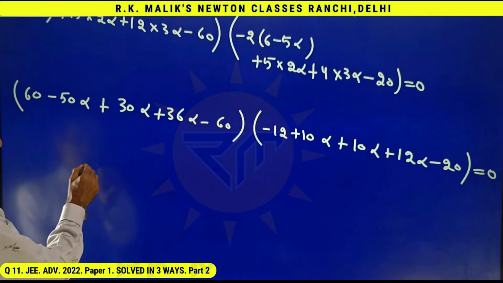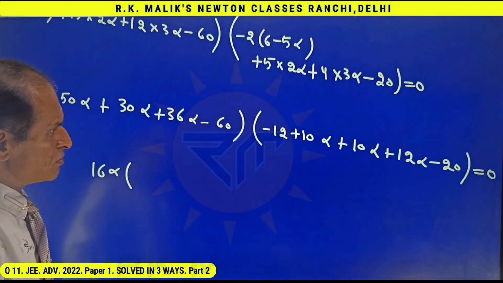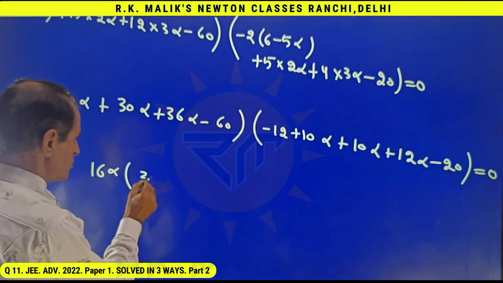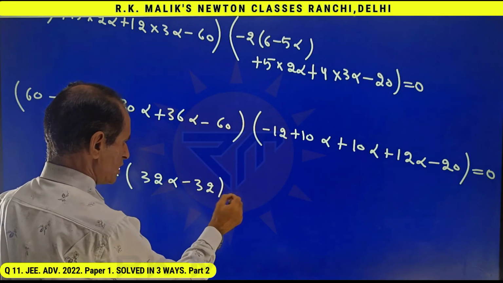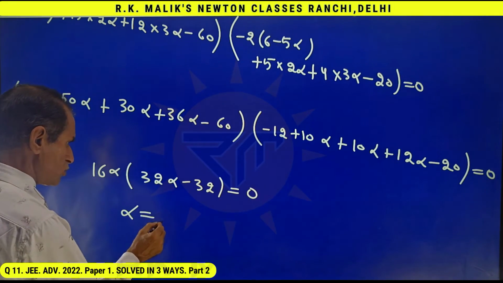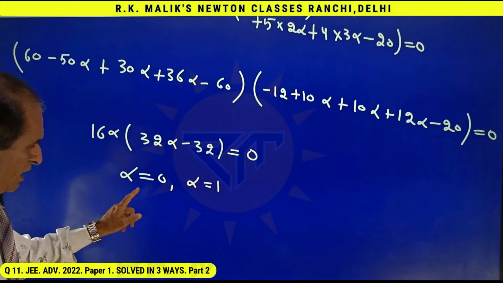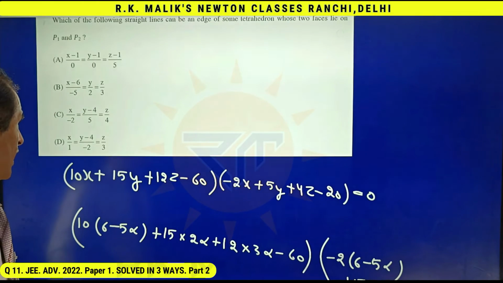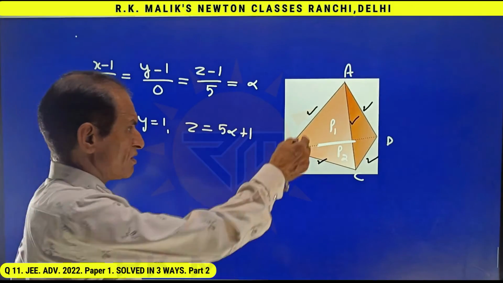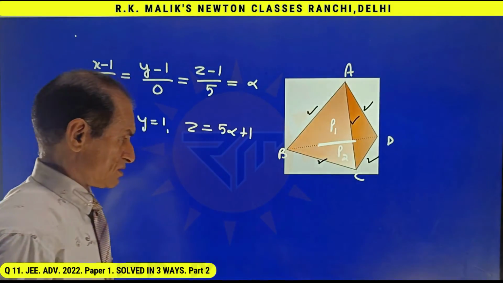That is, I get 16 alpha into 32 alpha minus 32 equal to 0. That is, alpha is equal to 0 or alpha equal to 1. Hence, again, I have got two different values of alpha. Hence, this line can be an edge of the tetrahedron and the line will be of the type AC when it will be cutting both the planes at two different points.